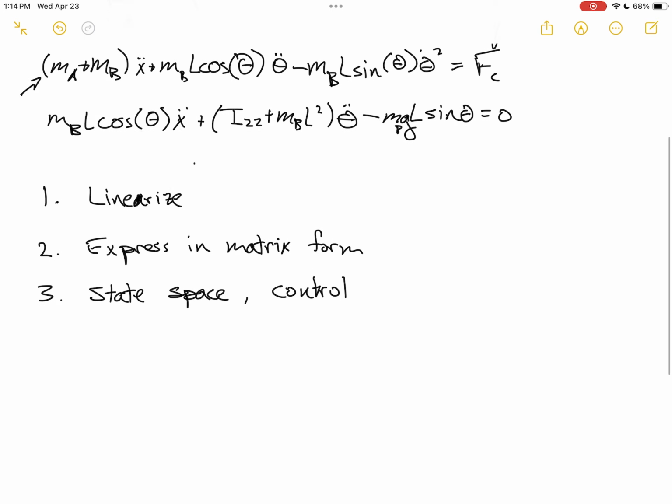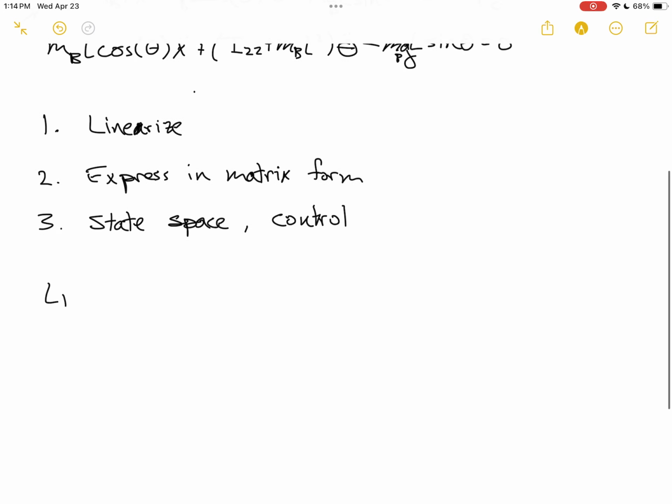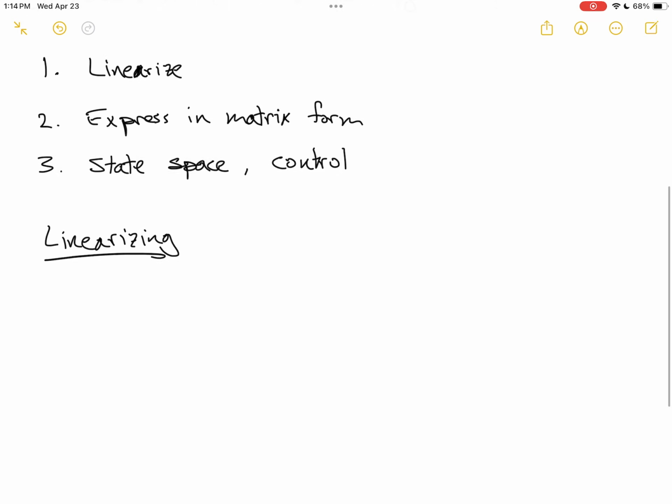But let's proceed with linearizing the equation. So the first thing we need to do when we linearize is determine a nominal point around which we are going to linearize.